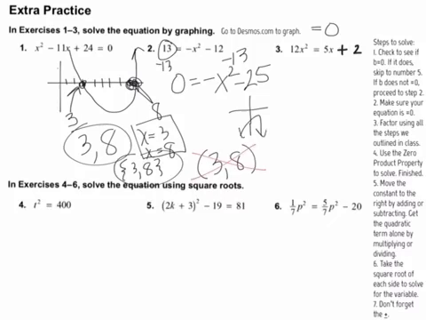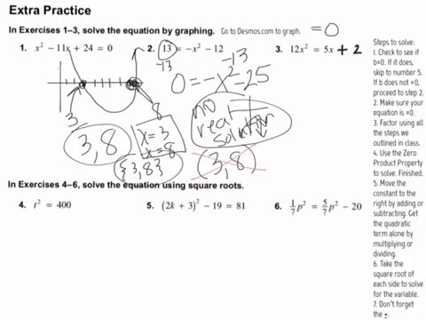Looks like that. Does it touch or cross the x-axis? No, it doesn't. So that means there's no real solution to this problem. No real solution. There is a solution. We'll talk about that later on. But there's no real solution to this problem.